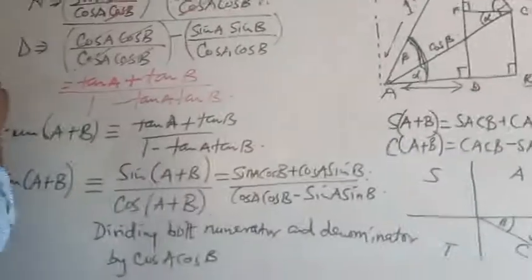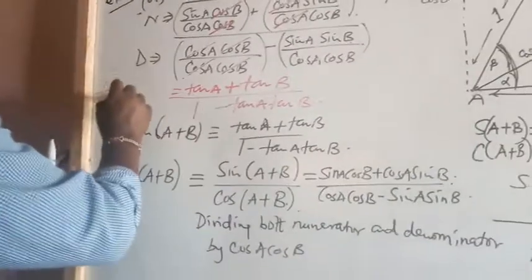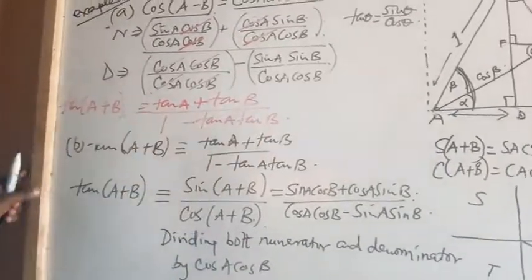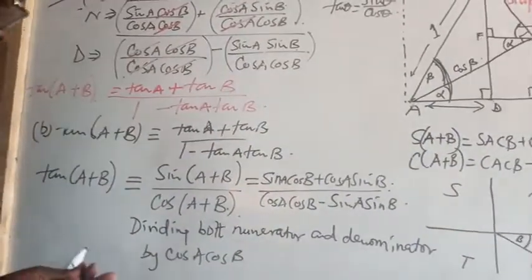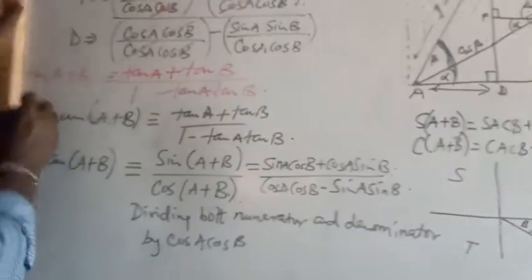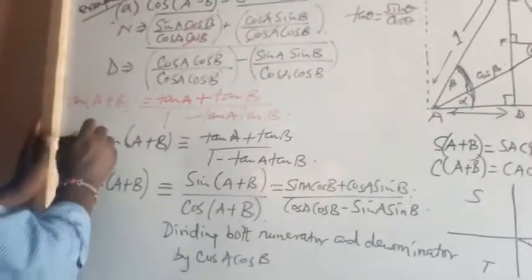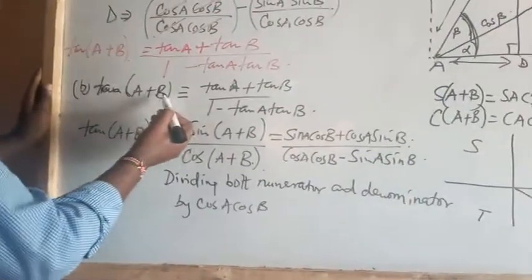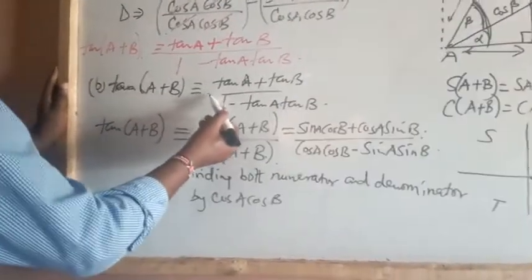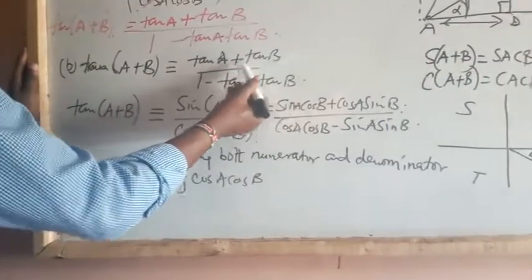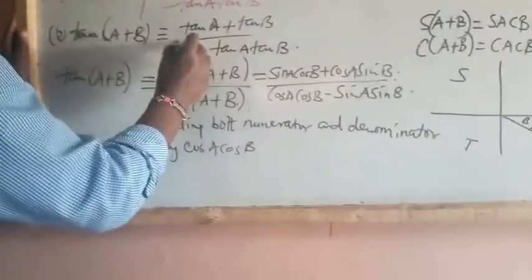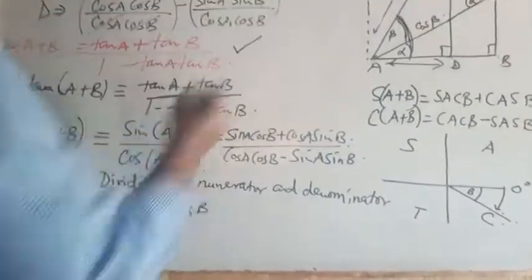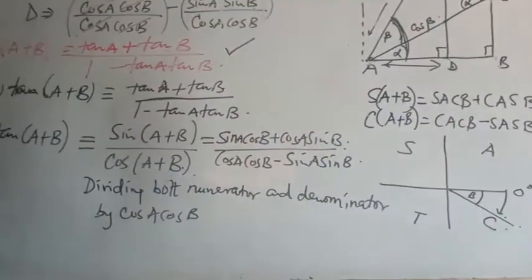So the tan of A plus B is exactly equal to what we have shown there. At the end of the day, we have been able to prove that the tangent of A plus B is exactly equal to tan A plus tan B all over 1 minus tan A tan B, as shown there in red. All right?